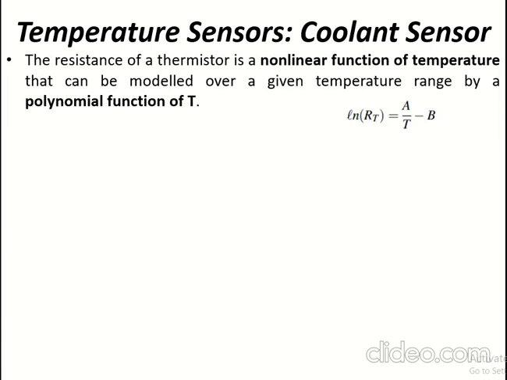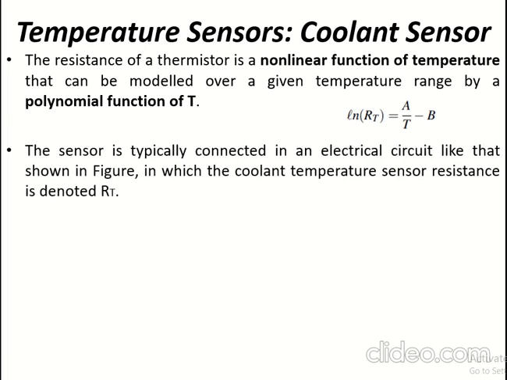Here a logarithmic function is given: the logarithm of the resistance RT is equal to A by T minus B, where A and B are constants for the particular semiconductor material which we use as a sensing element.